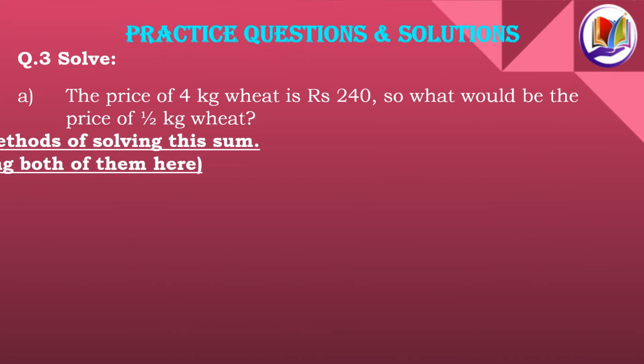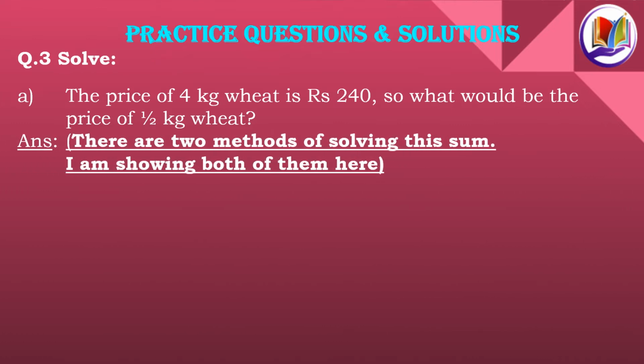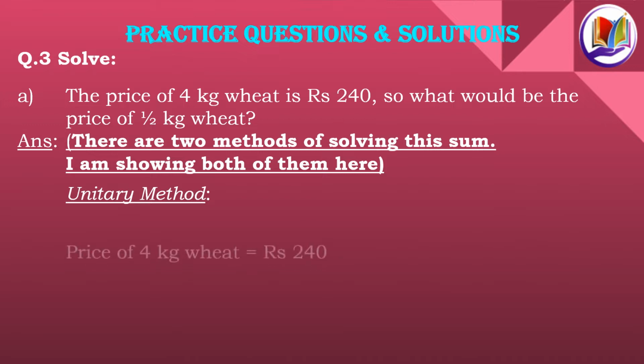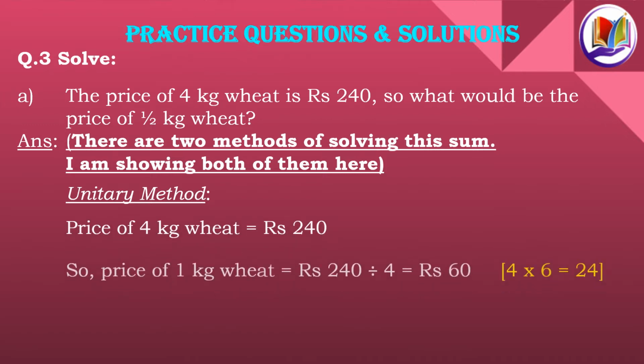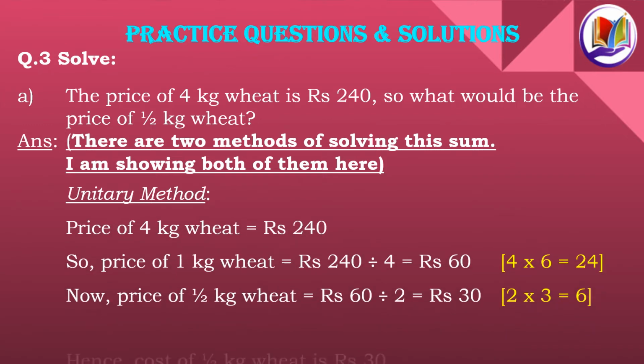Well, I have solved this sum using two different methods. So let me show both of them to you. First one is known as unitary method. That is, first I would find the price of 1 kg of wheat and then I would find the price of half kg wheat. I have been given price of 4 kg wheat is 240.